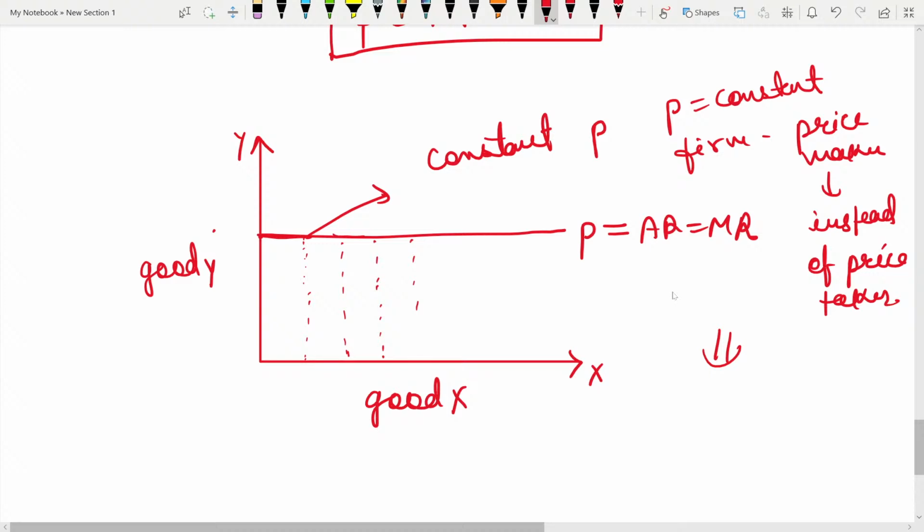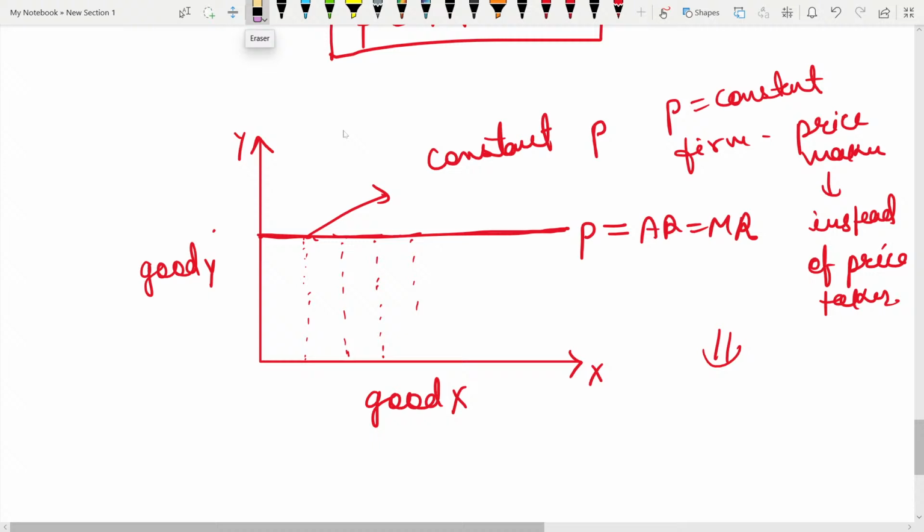So whatever the price prevailing in the market, they will have to accept. Therefore, we can say the firm is only a price taker instead of a price maker. Sorry, what I told.